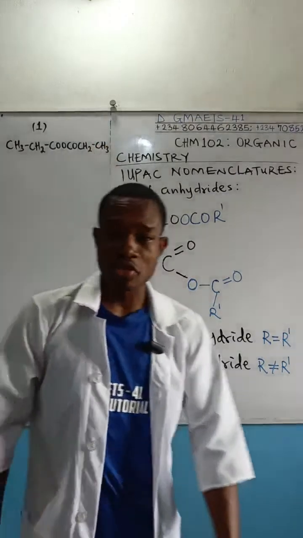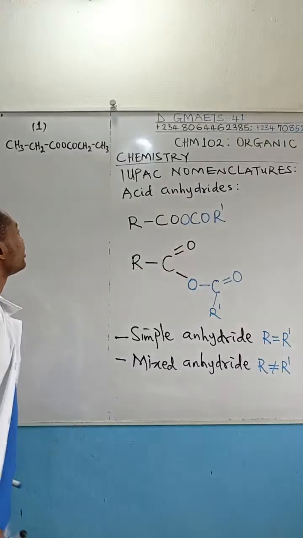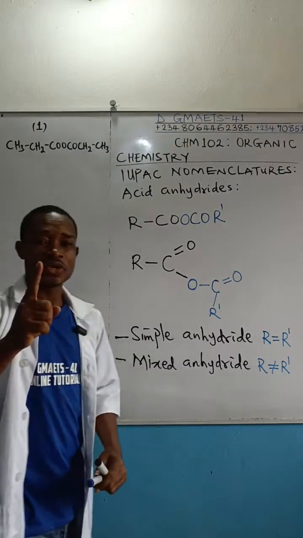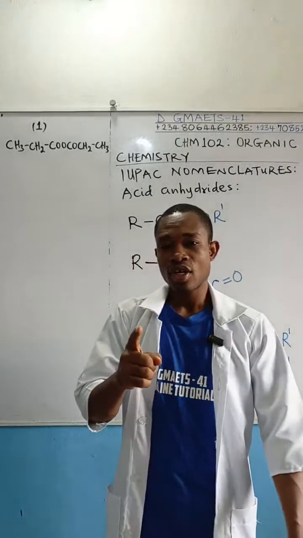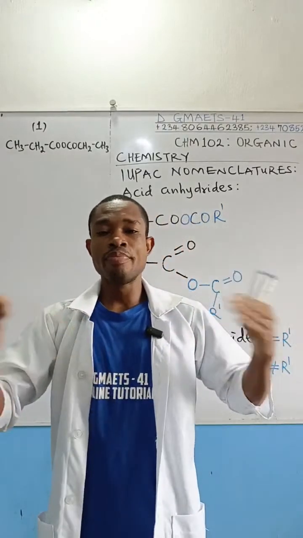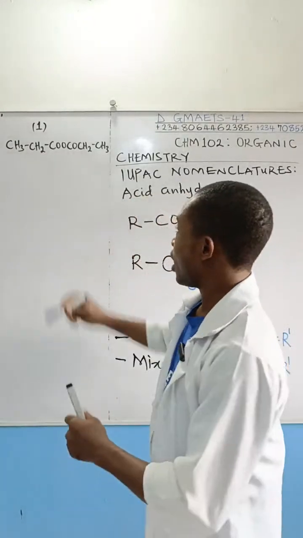So we've got that structure as you see there on the board. Now, what is the IUPAC nomenclature of this guy? The first thing you have to do is to locate that oxygen that is singly bonded to both carbons on both sides. And that oxygen is this one.